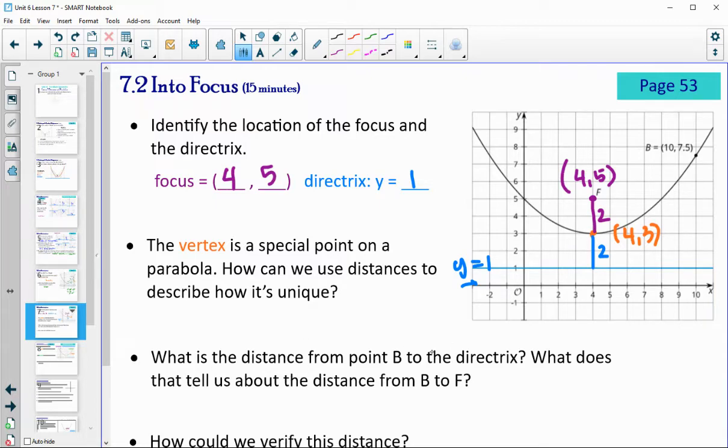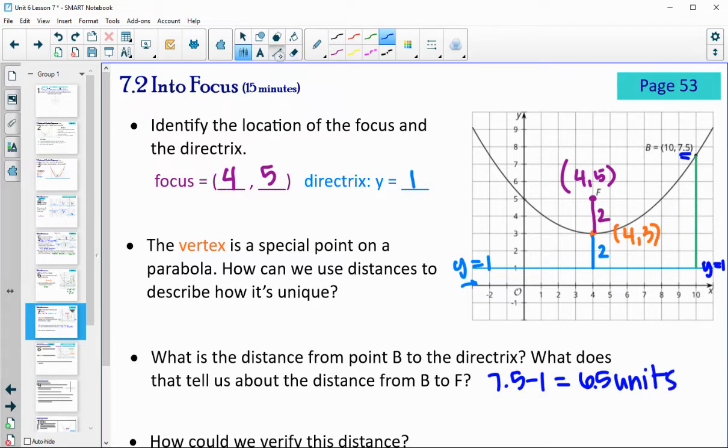What's the distance from B to the directrix? So on this one, here's B, okay, to the directrix would be straight down to the directrix, and we could count that again, or we could look at the height of this, which is 7.5, and again, this is at y equals 1, so 7.5 minus 1 would get us 6.5 units away.